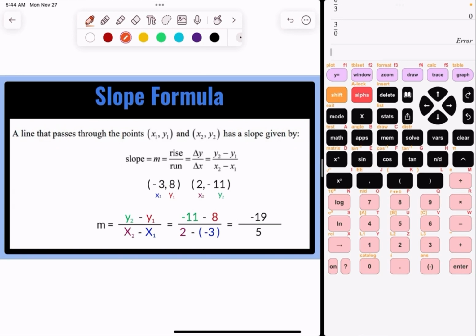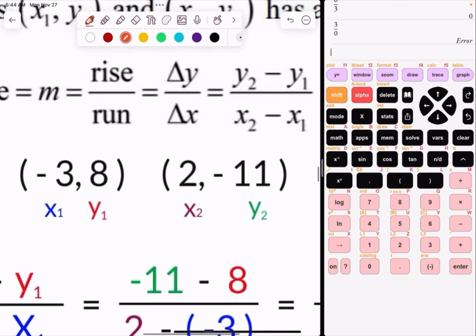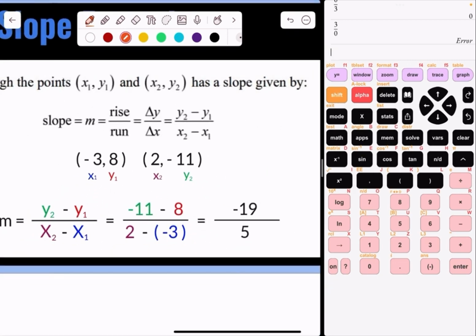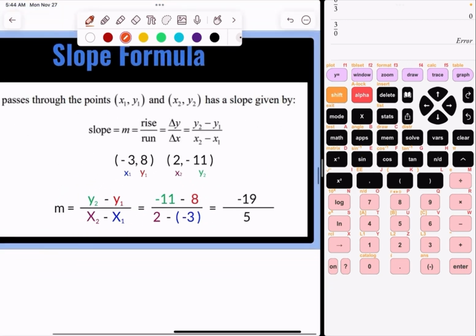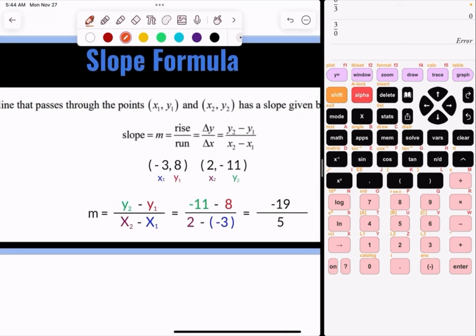So we could think of, you take the second y value and subtract it from the first y value. Then when we're running along the x-axis, we're looking how much did the x's change. What is x2 minus x1? You could take both points and label them x1, y1, x2, y2. And then use a formula and plug in and do the calculations to find your final answer.